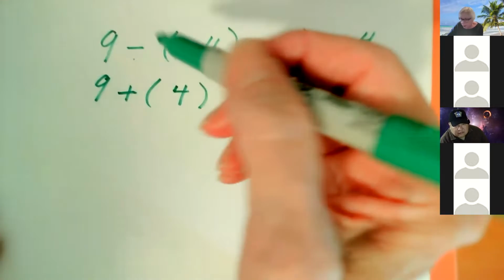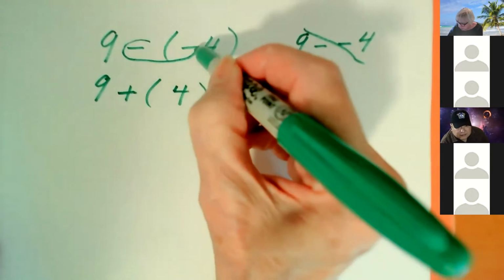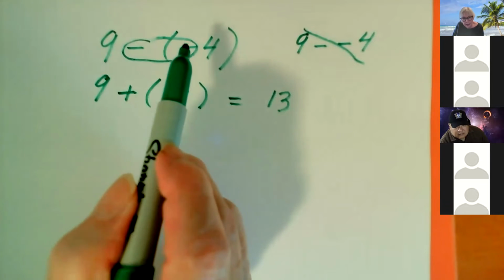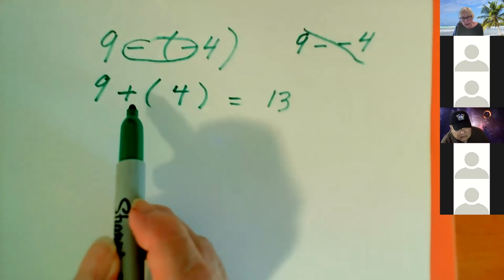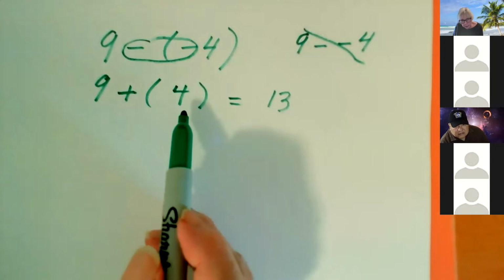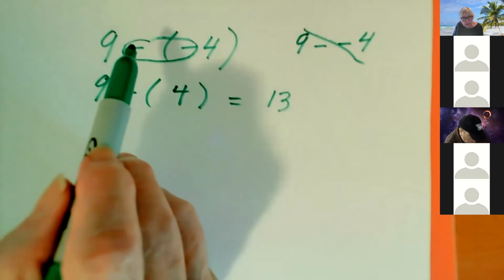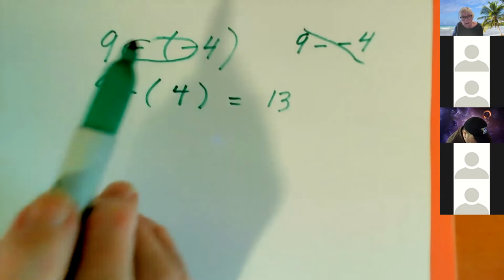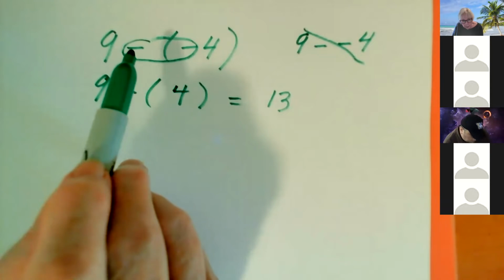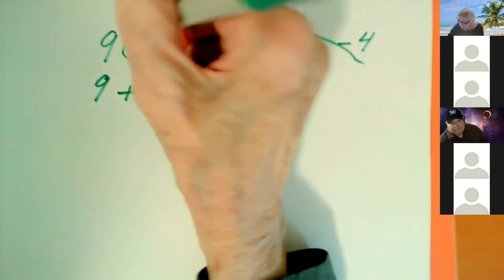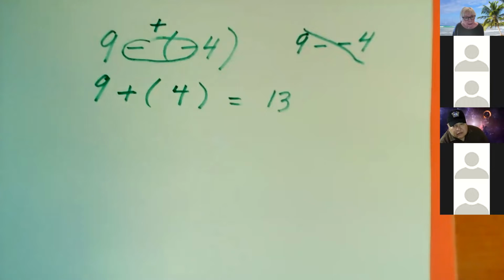What I'm trying to point out is this little piece here. When you subtract a negative and you play this little game of changing it to add the opposite of the negative, which is positive, every time you do that, the opposite of -4 ends up being positive.